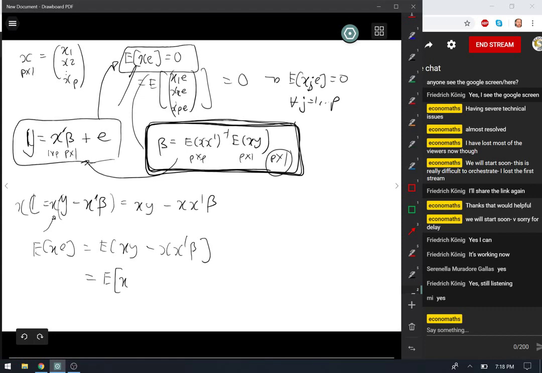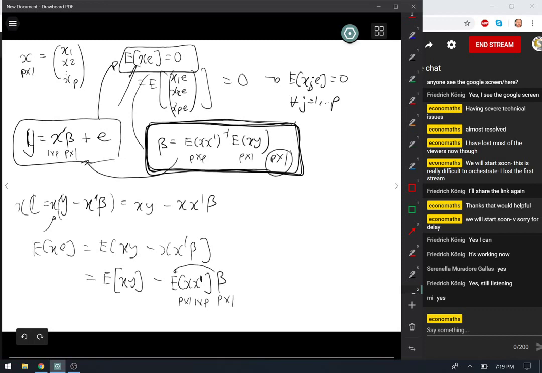So we're going to get E of xy minus E of x x dash, and the beta comes out because it's constant. You can't take it over here, so this was kind of common. You can't put it there because it's not a scalar. Unless it's a scalar, you can't put it over this way. So this x dash, always remember to check. This is p by 1, this is 1 by p, so this here is also p by 1.